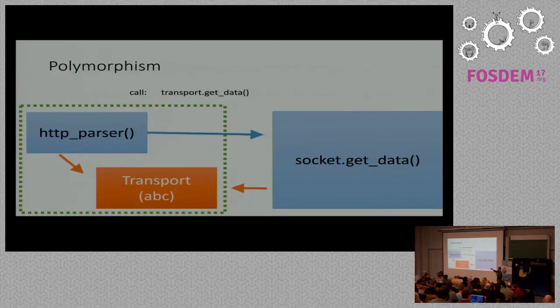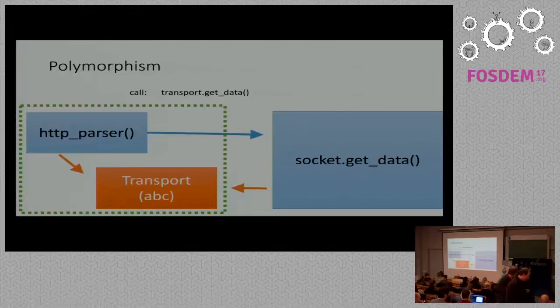And you see that the arrows actually point now in a different direction. So at runtime, the HTTP parser calls the getData function from this socket. But if you would look at the source code, actually we have the orange arrows. The low-level socket code refers to the transport of the high-level code.